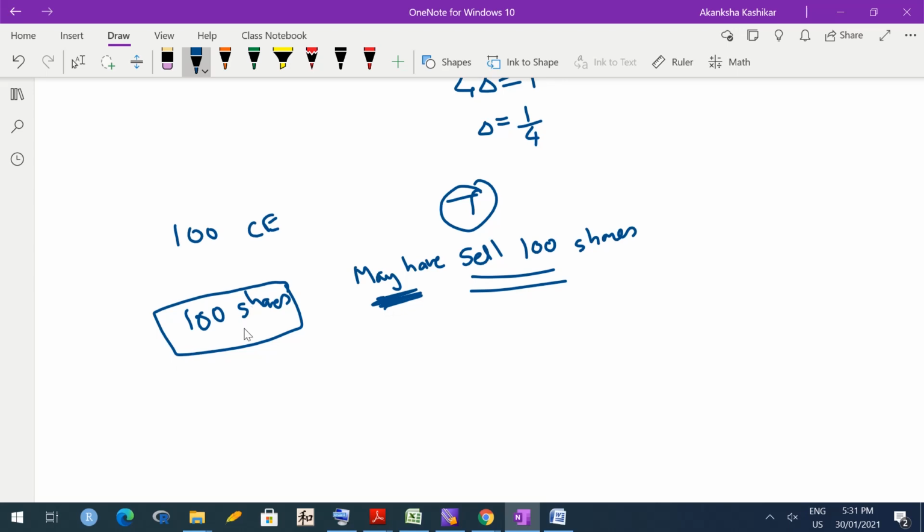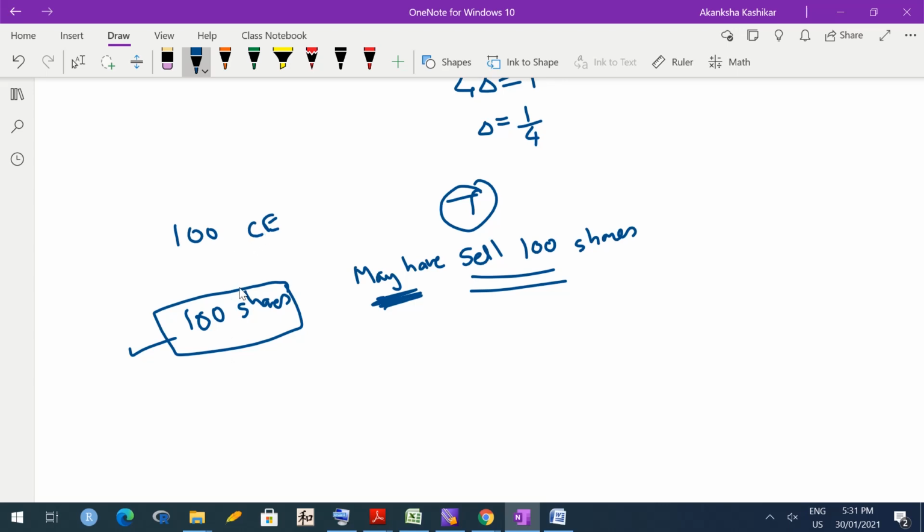As a result, investing in 100 shares today may seem like an unnecessary action. Because if the market prices fall below the strike price and we already have 100 shares with us, we are going to suffer a loss, because these shares are also going to decrease in price. So it may not be wise to have all 100 shares purchased at time 0.